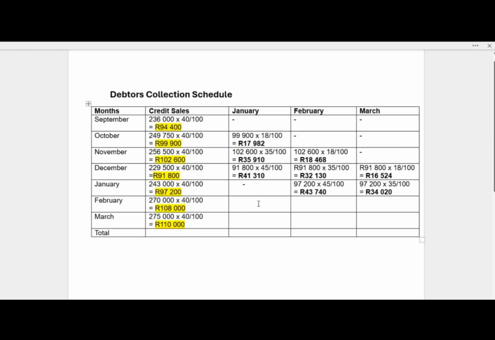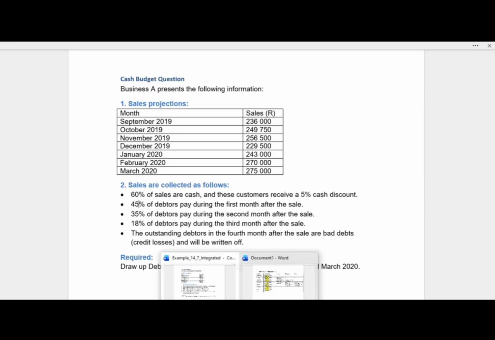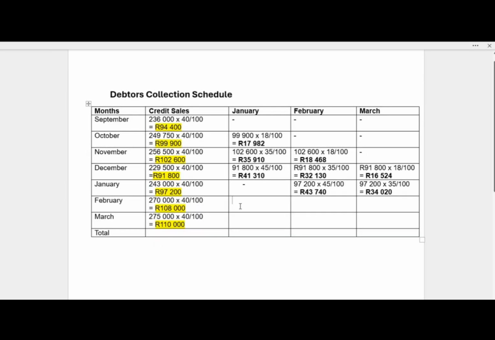And then for February. All right. For February, remember the policy. We go back to the policy again. So February is our month of sale, and then we are going to collect after, right? So meaning dash there, because we're not going to collect anything in the previous month.